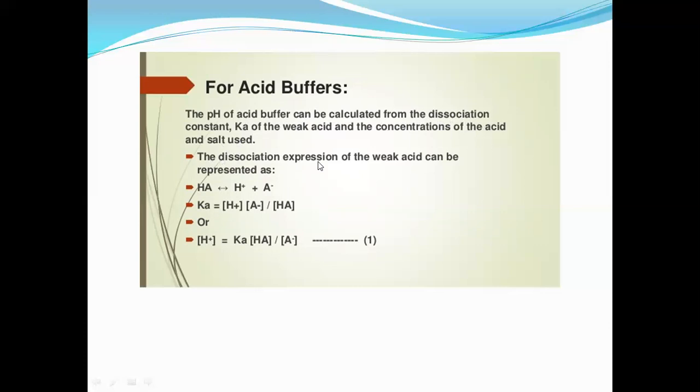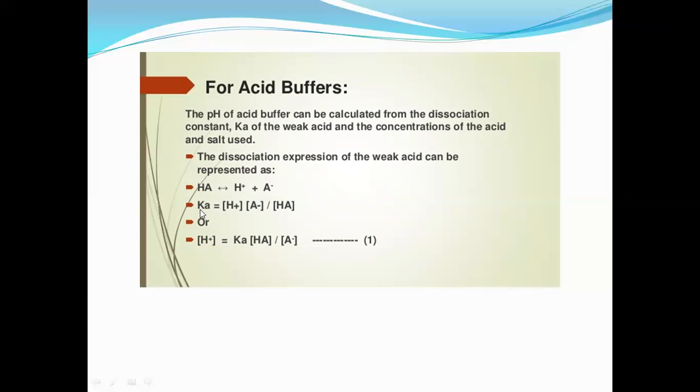The dissociation expression of a weak acid can be represented as, so this is the mathematics, okay? HA is a weak acid. When it dissociates into hydrogen cation and anion, okay?